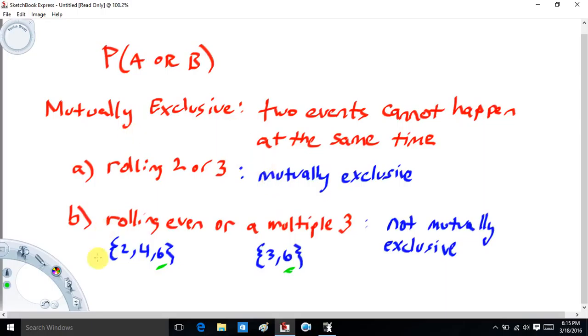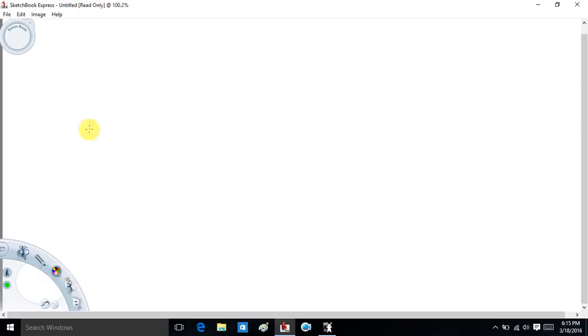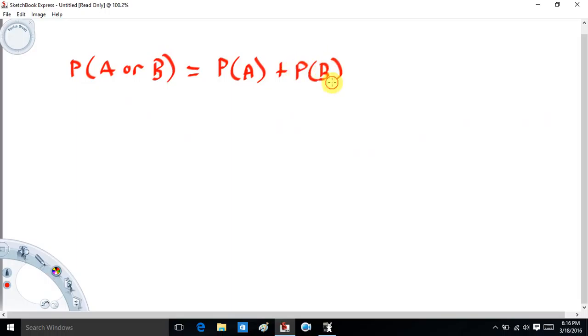Okay, so let's examine a few rules. If I want to find the probability of A or B, the probability of A or B is the probability of A plus the probability of B. This is assuming the events are mutually exclusive.